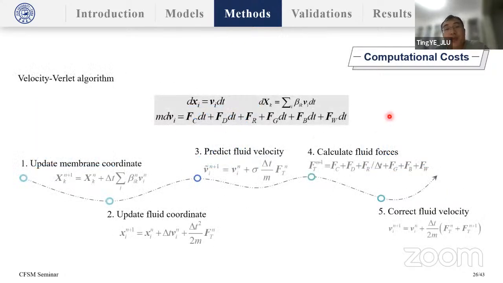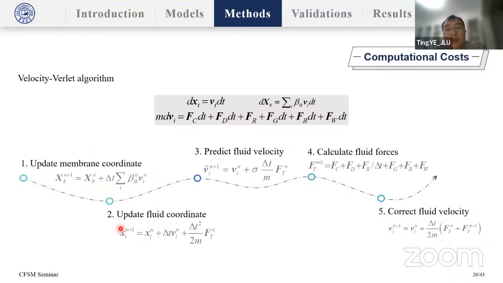To solve this issue, we use a low accuracy but fast numerical algorithm, the velocity-Verlet algorithm, to solve the SDPD-IBM formulation. It is a predictor-corrector algorithm. We first update the membrane particles and then update the fluid particles.